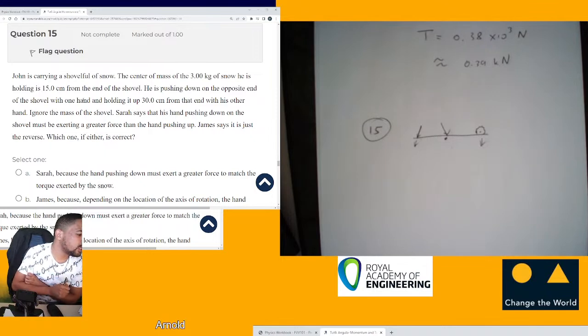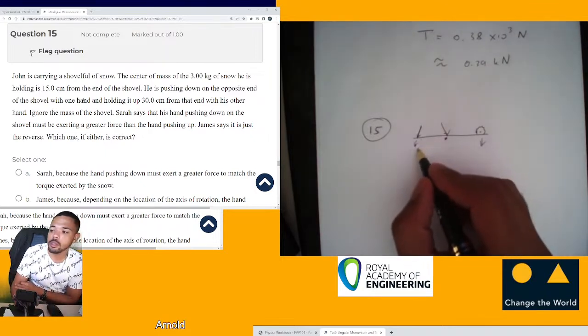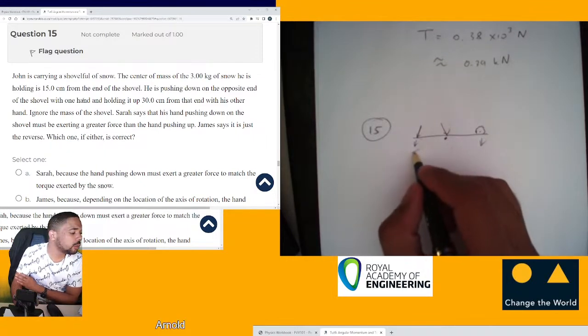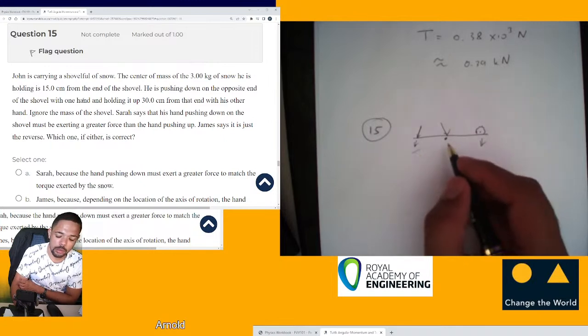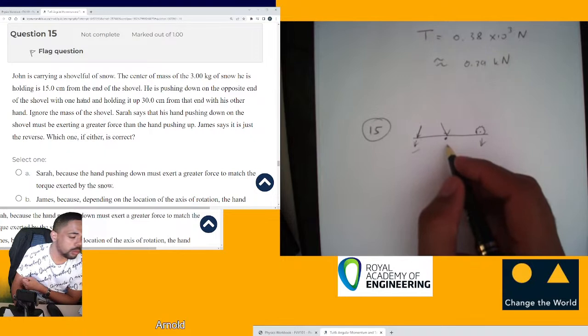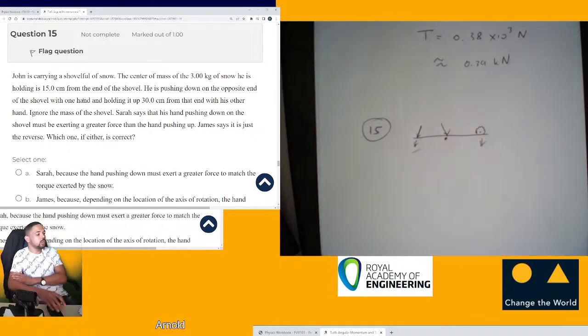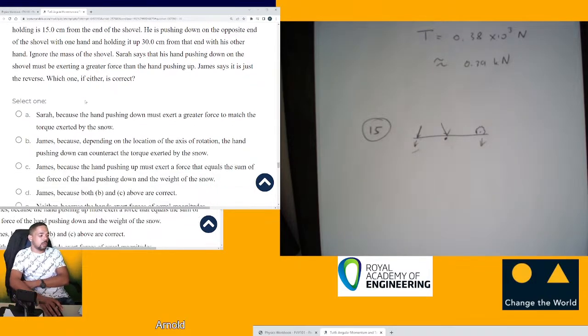Ignore the mass of the shovel. Sarah says that this hand pushing down must be exerting a greater force than the hand pushing up. This one is holding it up, and this one is pushing it down. James says it is just the reverse. Which one, if either, is correct?